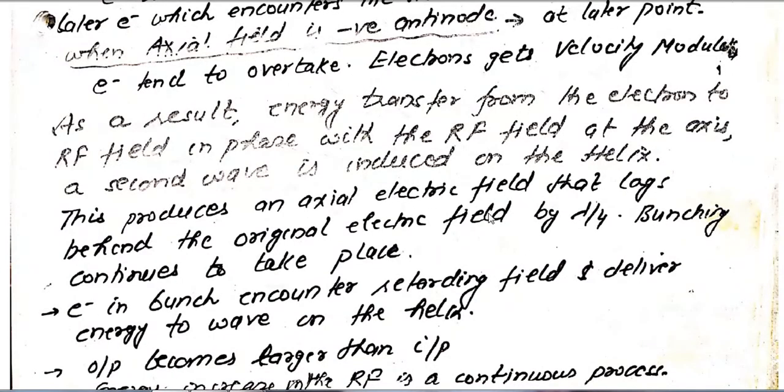As a result of this, energy transfers from the electron to the RF field in phase with the RF field at the axis, and a second wave is induced on the helix. This produces an axial electric field that lags behind the original electric field by lambda by 4, and bunching continues to take place.